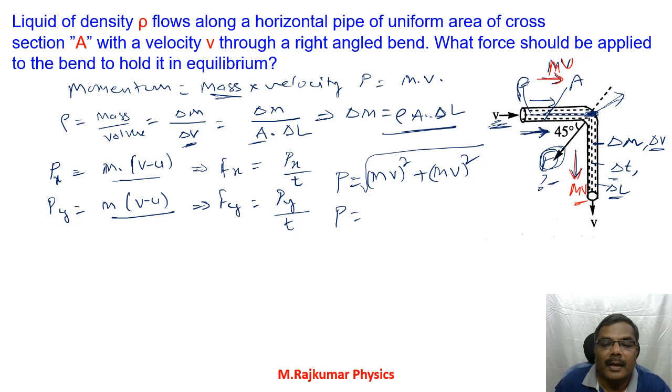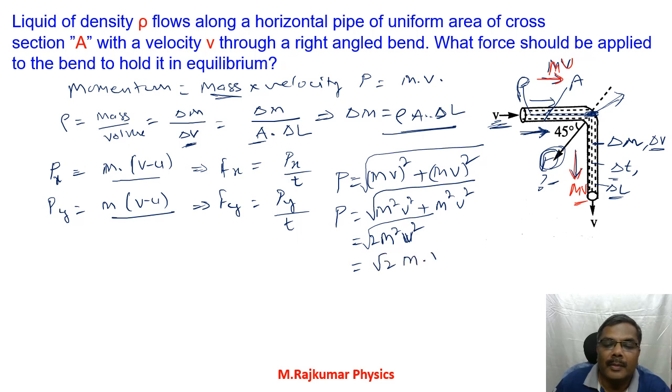So it becomes m square v square plus m square v square, that will become 2 m square v square, root of which becomes root 2 m into v.